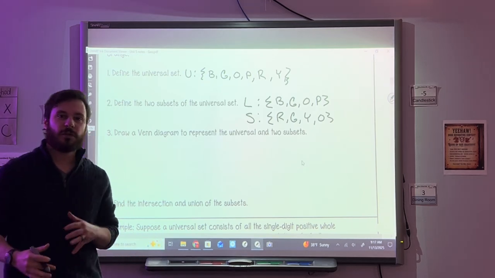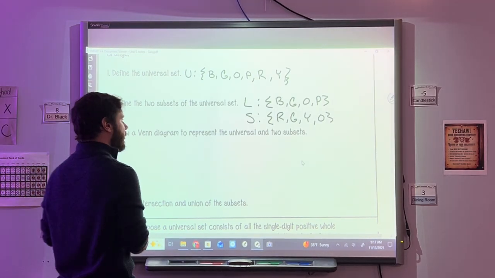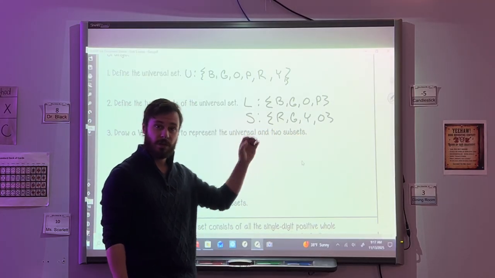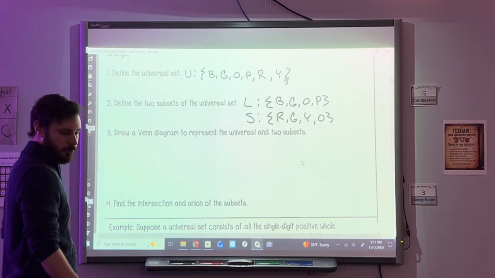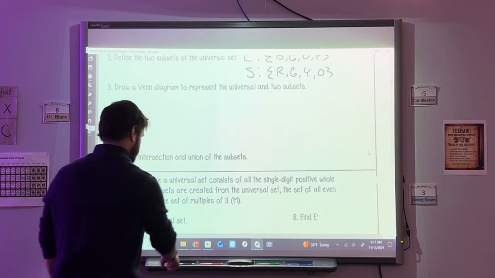So when I make the universal set, I don't need to double dip. But if I'm talking about the 2 subsets, well, I can't just ignore that the small bag had green because the big one did too. I need to make sure that I have both of those. And then draw a Venn diagram to represent.